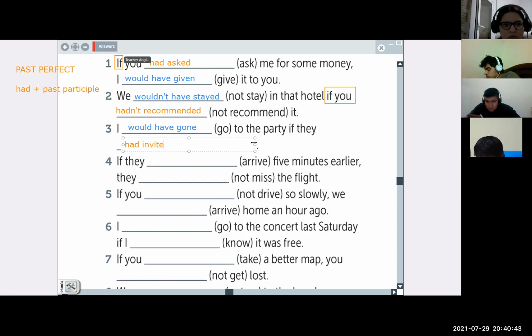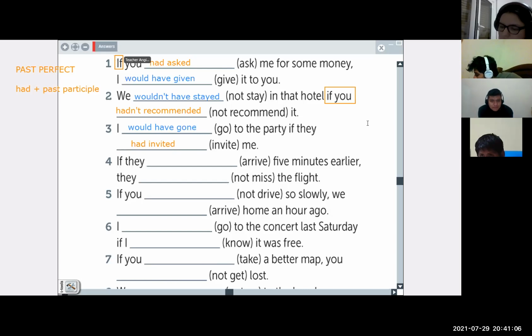Invite me? Sorry, me confundí con el verbo invite in past perfect. Okay. Sorry. Invited. Invited me. I would have gone to the party if they had invited me. Very good.